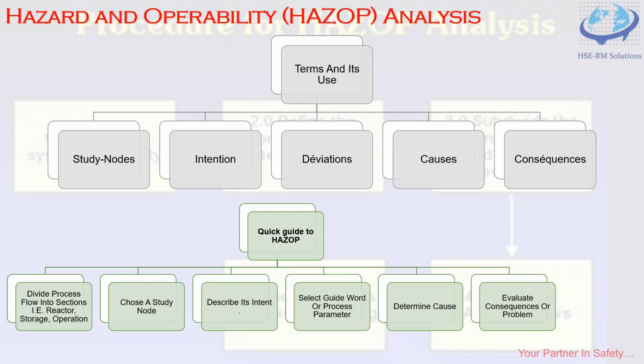Similarly in HAZOP, for a given system where you want to study the deviation, the location at which you study the deviation is known as the study node. When the approach is systematic, we must first know what we intend to study.